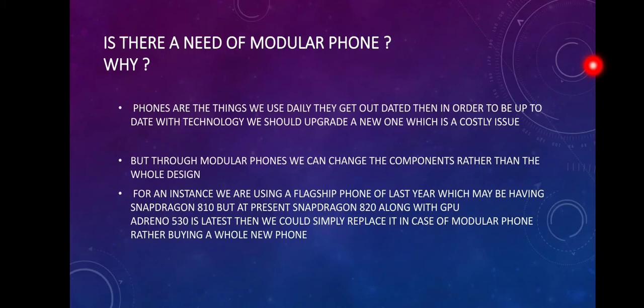We could simply replace it in a modular phone rather than buying a whole new phone. Another example is the camera, with 120 megapixels, 108 megapixels, 14 megapixels, 12 megapixels. We can upgrade or change the camera without changing the mobile phone.